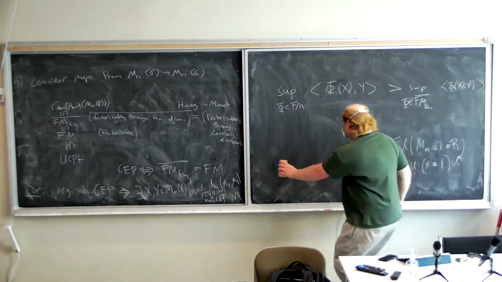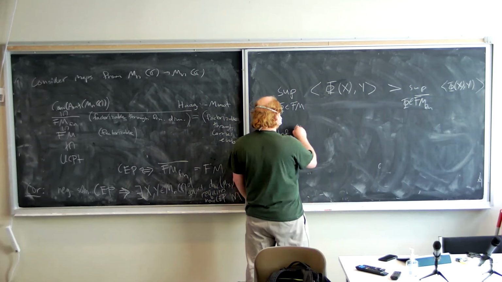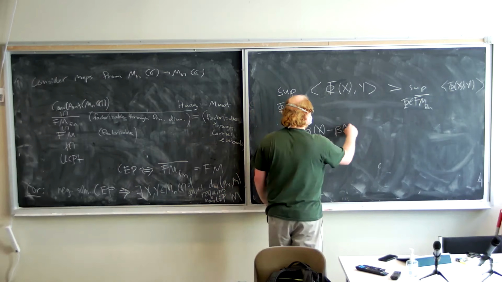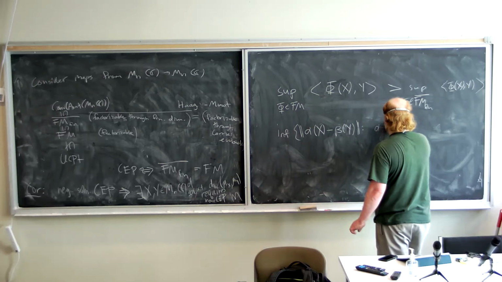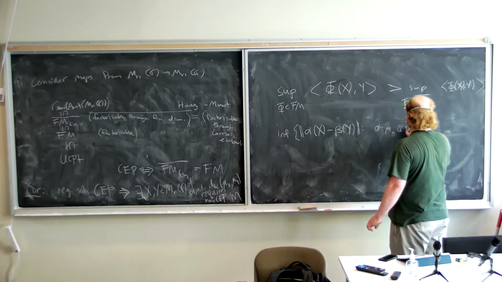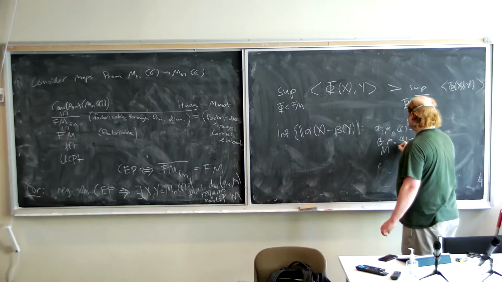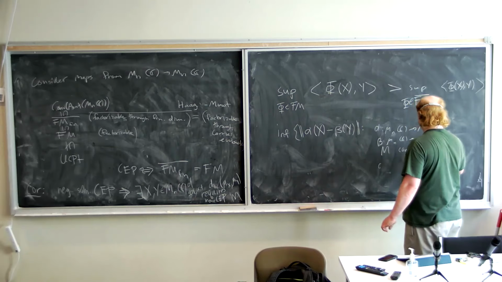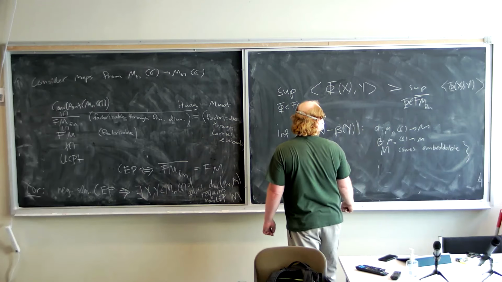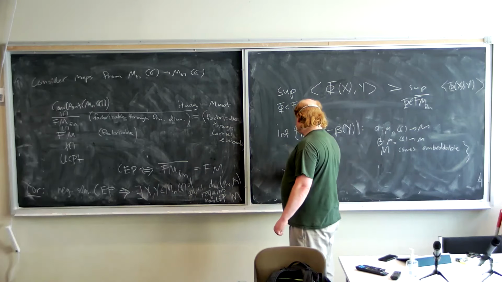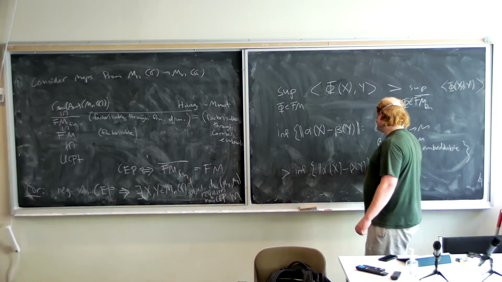And so in particular, that implies, right, that the infimum of the norm of alpha of x minus beta of y, where you consider alpha and beta embeddings from matrices into M, and M is Connes embeddable, for the Connes embeddable version, this distance is strictly bigger than the distance that you would get for M, which is not necessarily Connes embeddable.